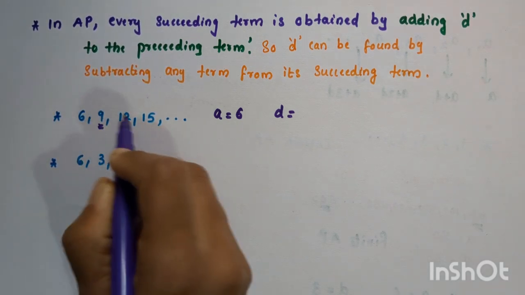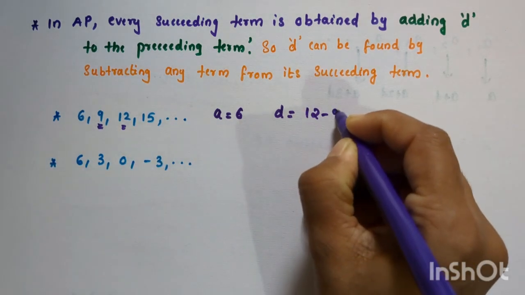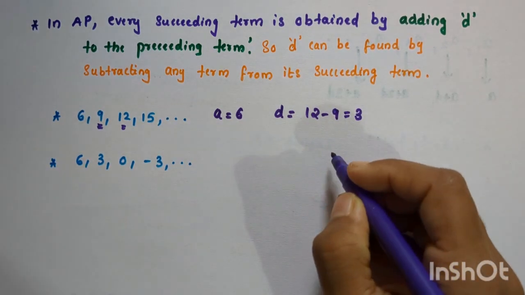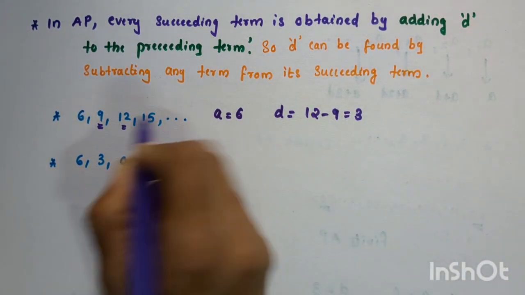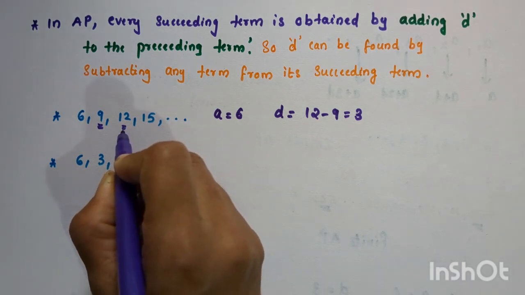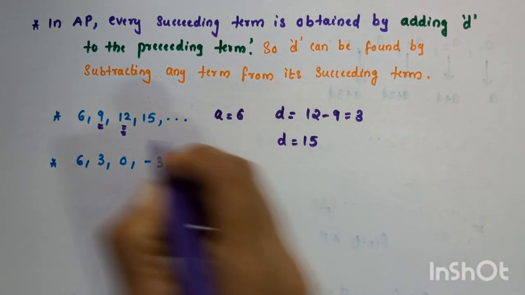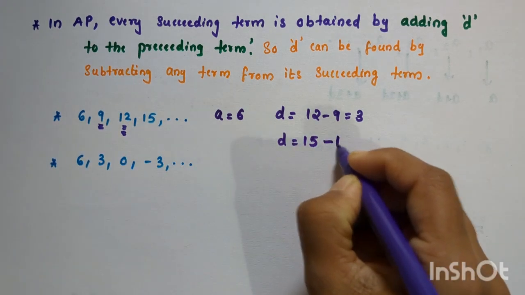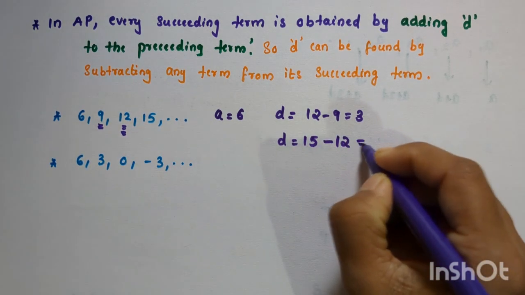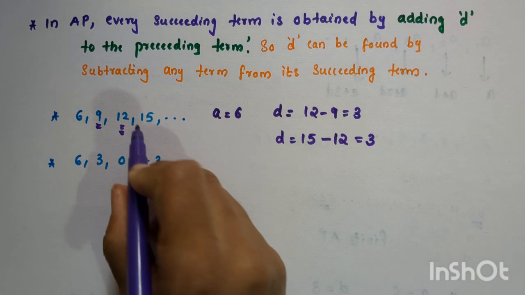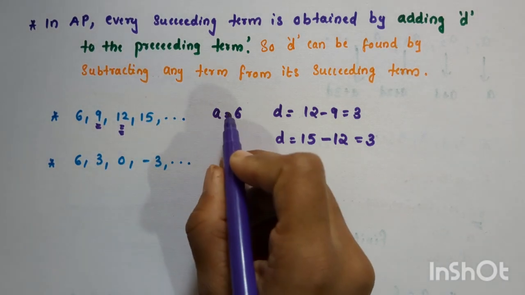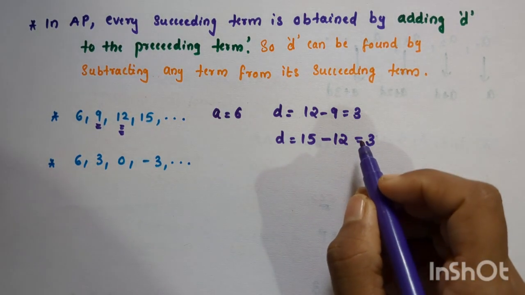So 12 minus 9 is equal to 3. Or consider 12, its succeeding term is 15. So 15 minus 12 is equal to 3. So for this list of numbers, the first term is 6 and the common difference is 3.